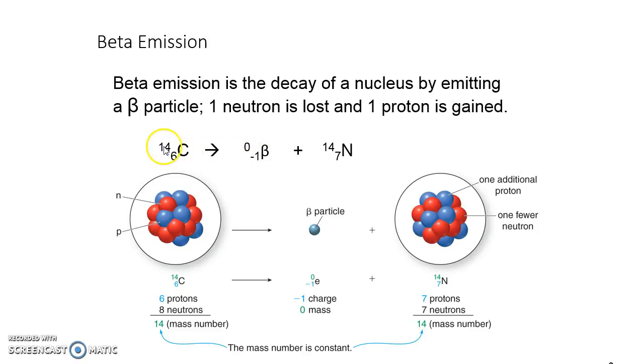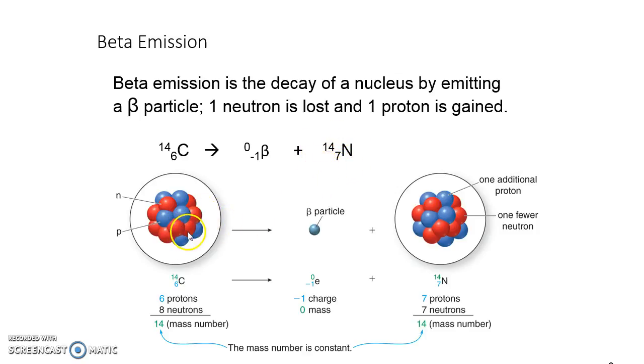So the other particle has to have whatever mass, when added to 0, gives you 14. So you put a 14 up here. Then, because this is a -1, whatever is added to -1 to give you 6 must be the atomic number. That's 7, so a nitrogen-14 is made.